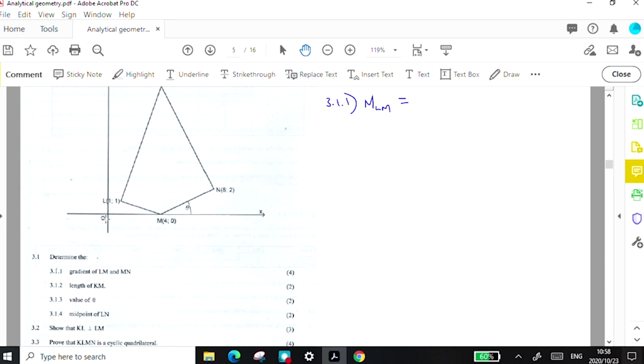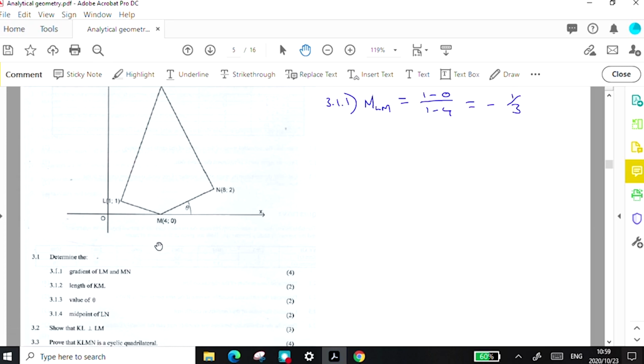This is equal to change in y, so it is 1 minus 0 divided by change in x, which is 1 minus 4. And this should be negative 1 over 3.